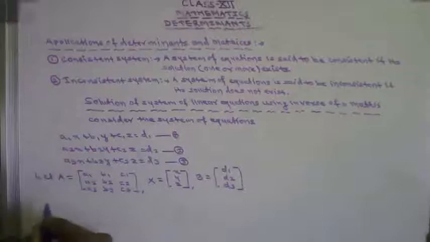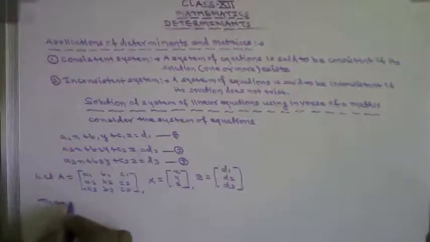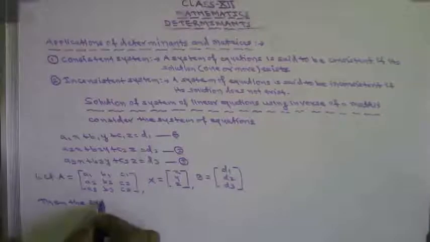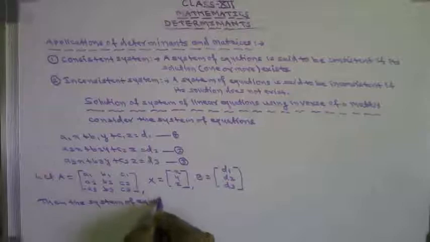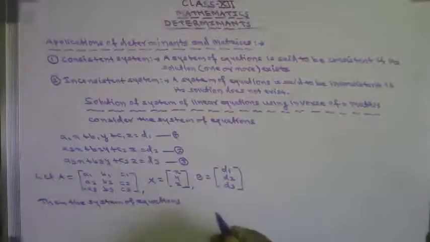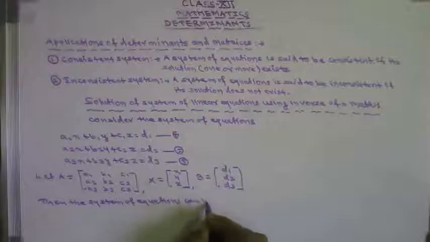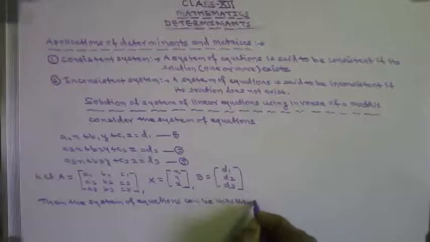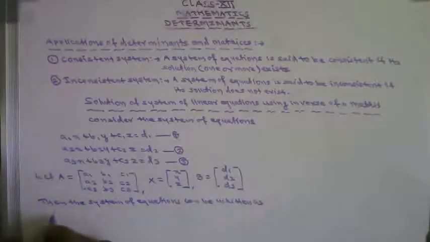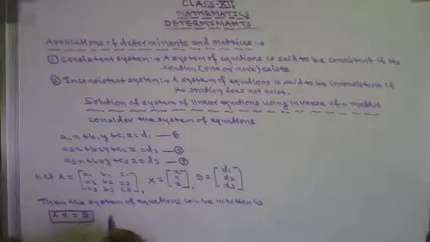Now we can write that the system of equations, these 1, 2, 3 equations, can be written as A into X equals B. Now see, what is A?